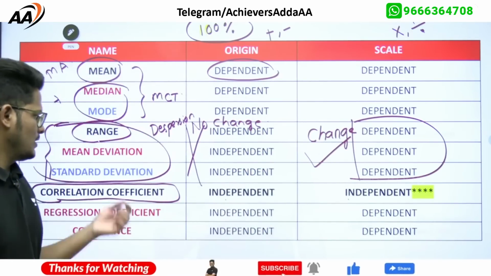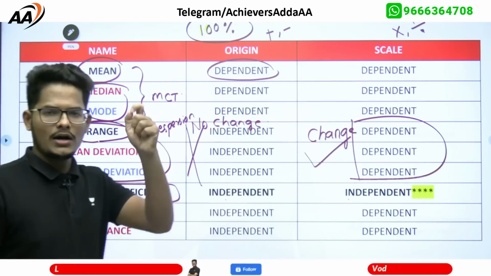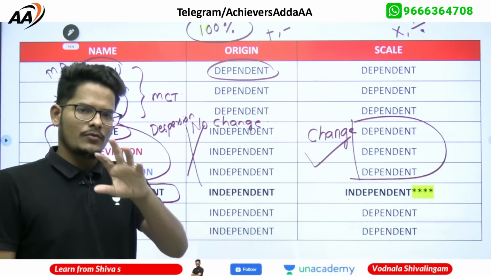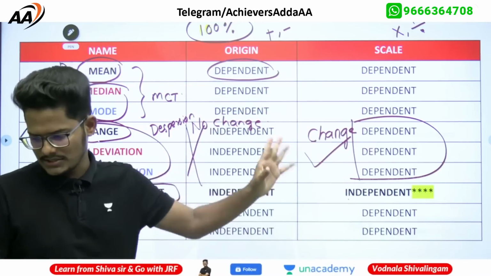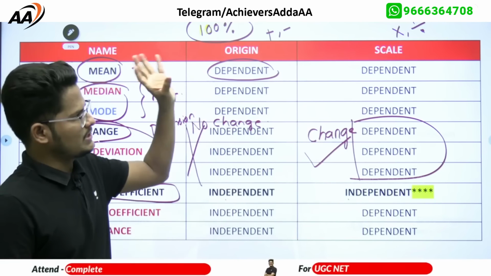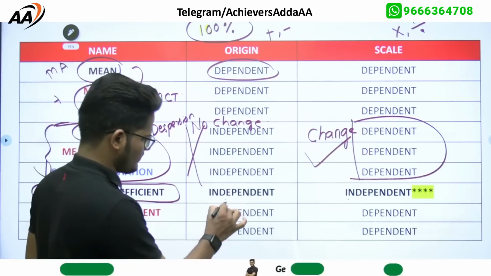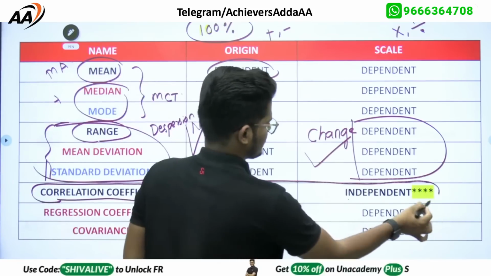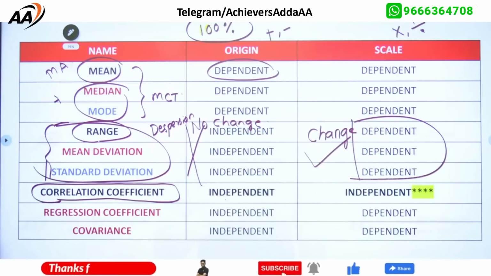That means its value is not going to change whether you do multiplication, division, subtraction or addition. Both are independent. This is the only unique feature of the correlation. Right?